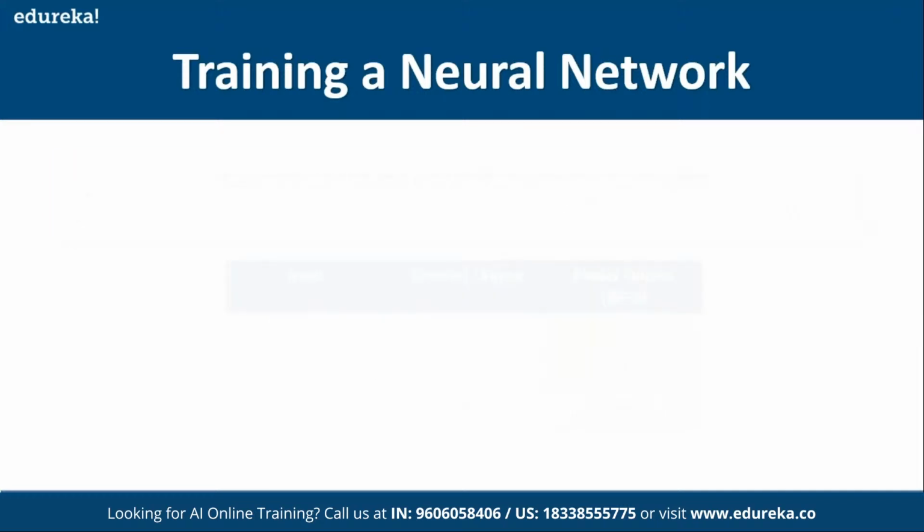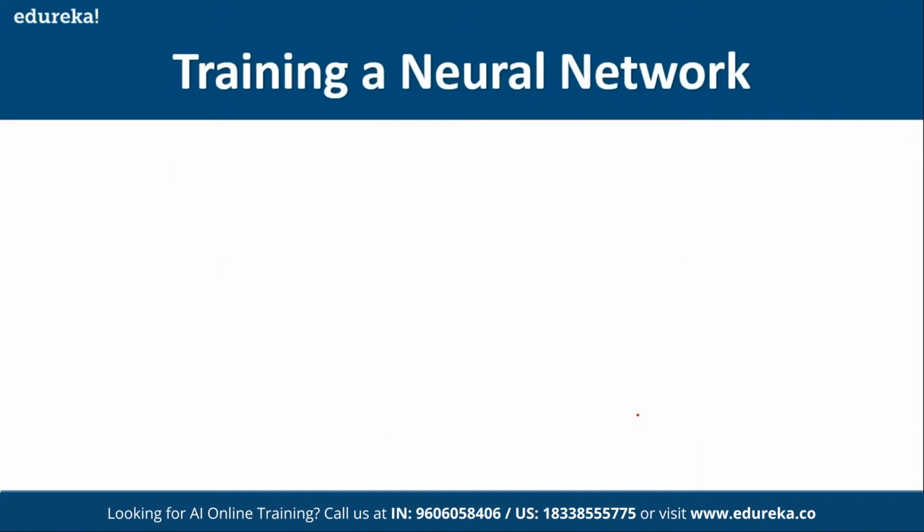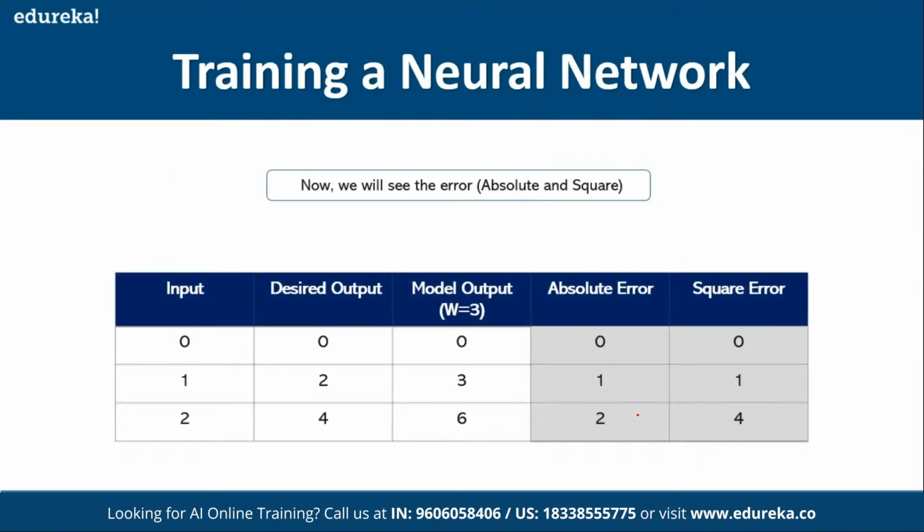Now to train a neural network, first we give a starting weight. Say w is equal to 3. With this weight I multiply my input: 3 into 0 is 0, 3 into 1 is 3, 3 into 2 is 6. Therefore my first model output with weight 3 is 0, 3 and 6. For this I calculate my absolute error and squared error.